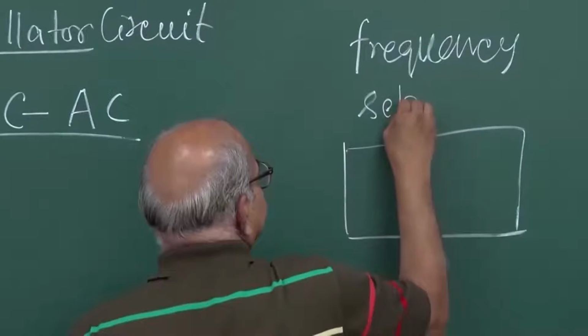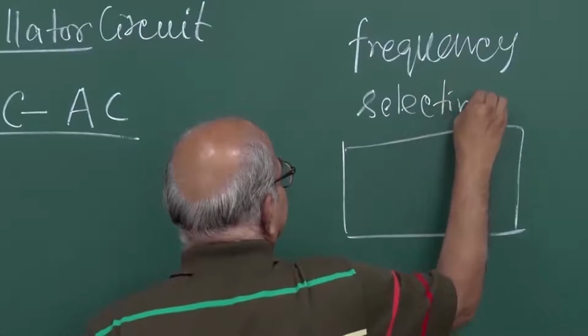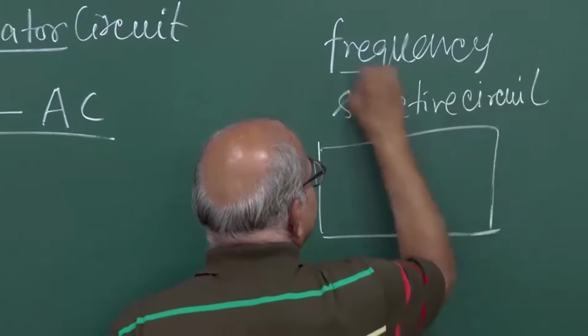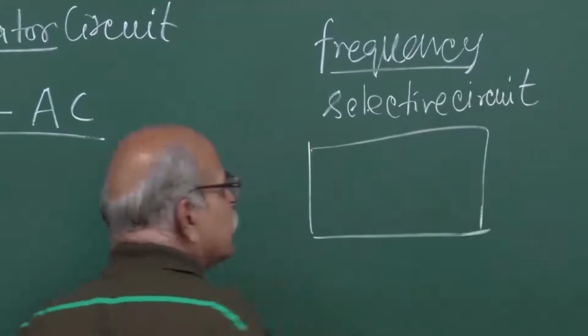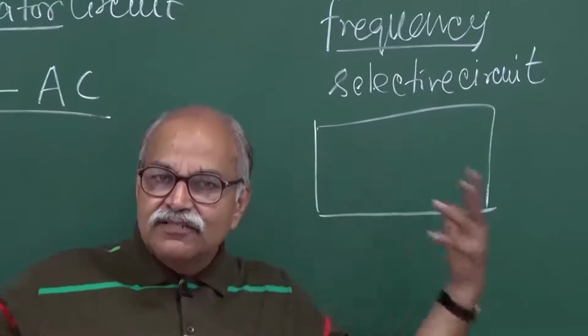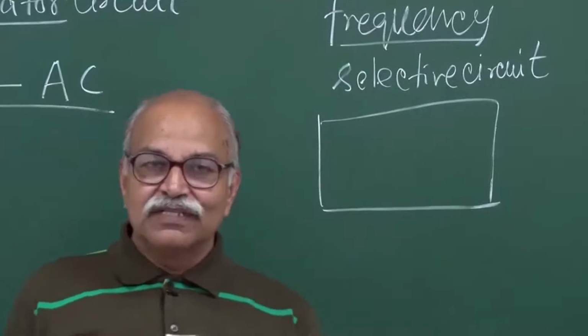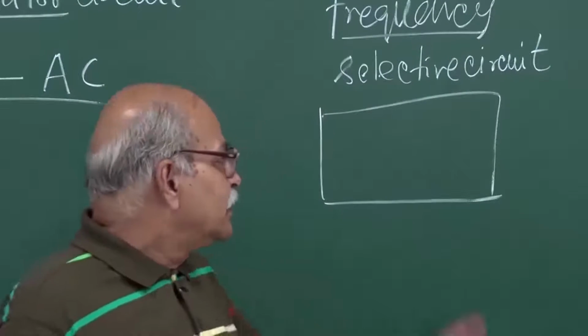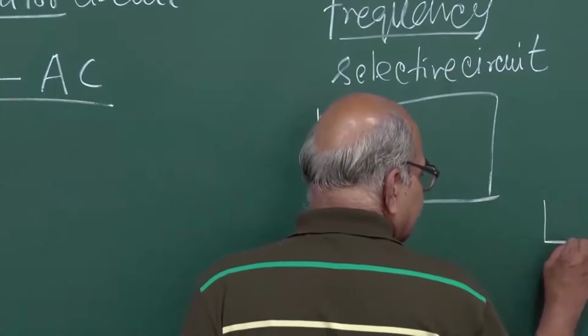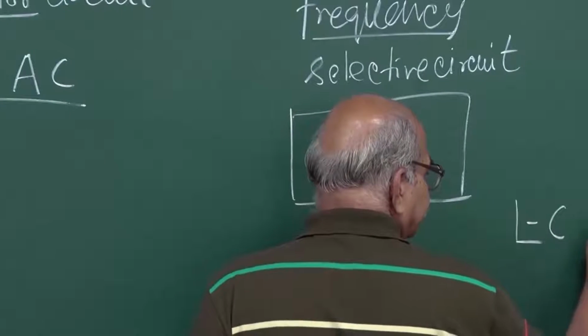One can have varieties of circuits depending on which range you are in. One is what we call the inductor capacitance, LC circuit.